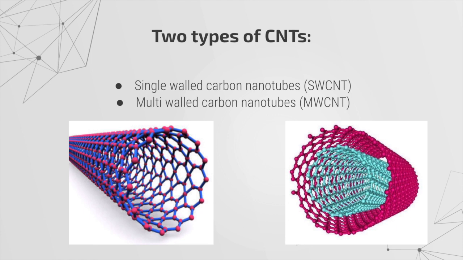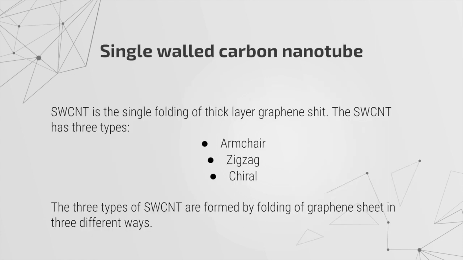If a single layer of graphene is used, then it is called a single wall carbon nanotube, and if multiple layers of graphene are used, then it is called a multi-wall carbon nanotube. Single wall carbon nanotube is the single folding of a thick layer graphene sheet.